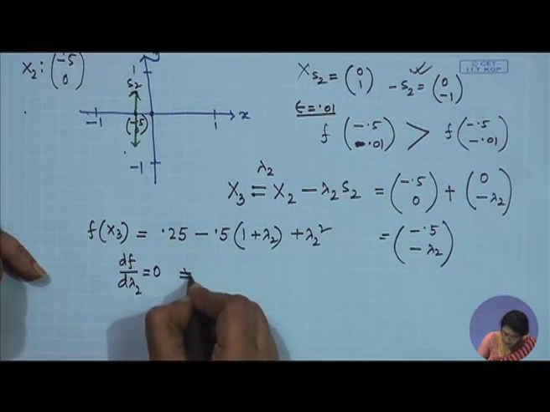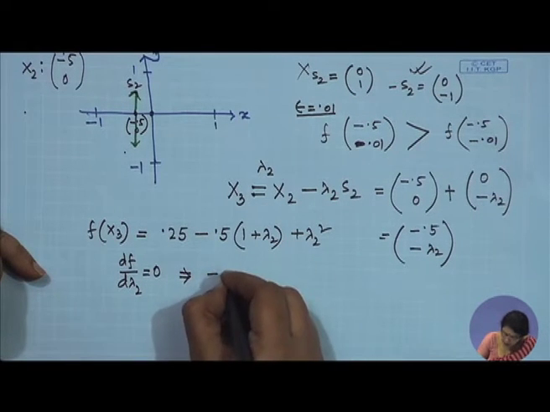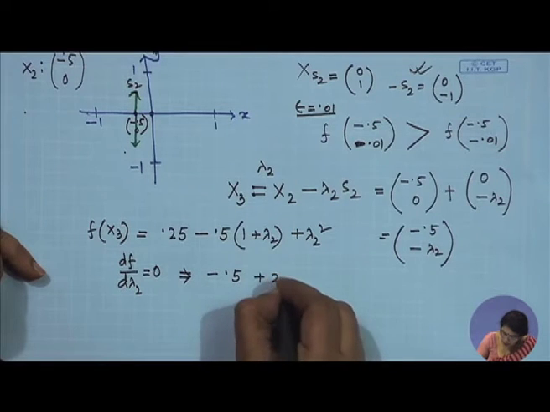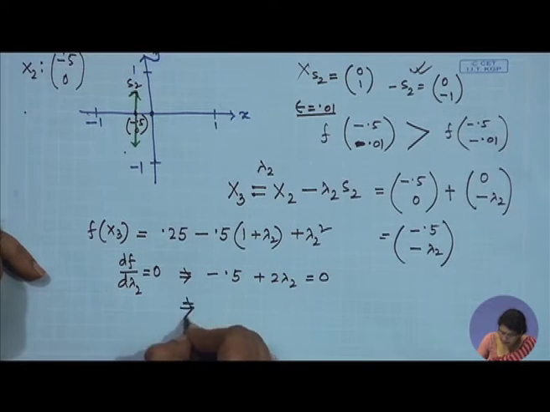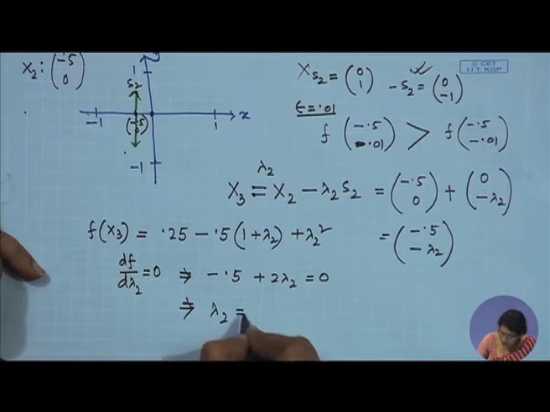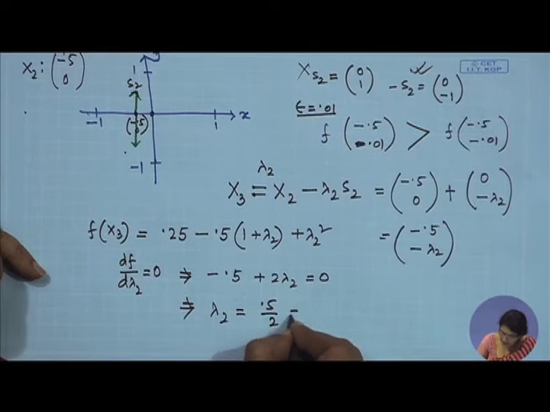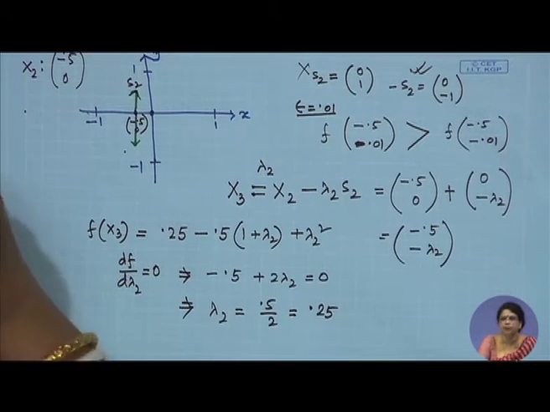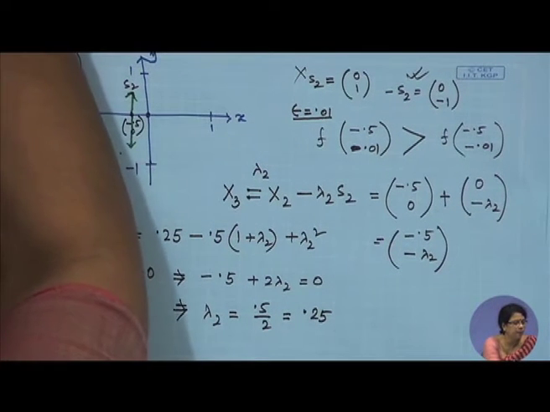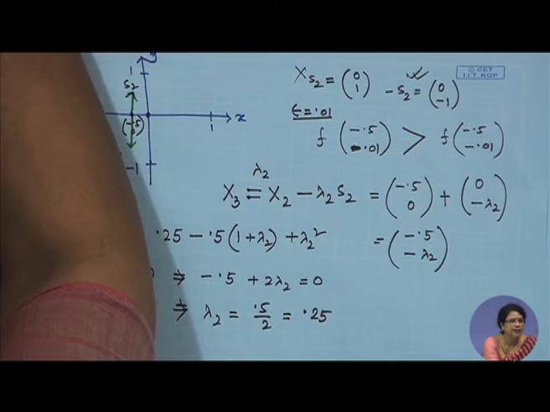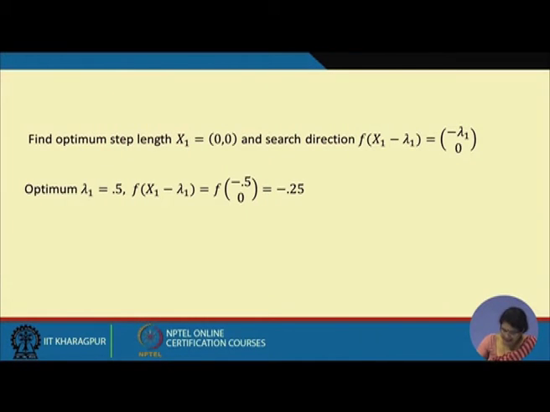What we are getting? We are getting minus 0.5 plus 2 lambda 2 is equal to 0, which implies lambda 2 is equal to 0.5 by 2, that is equal to 0.25. Clear? Now if we just move in this way, then what should be my x3 in the next?